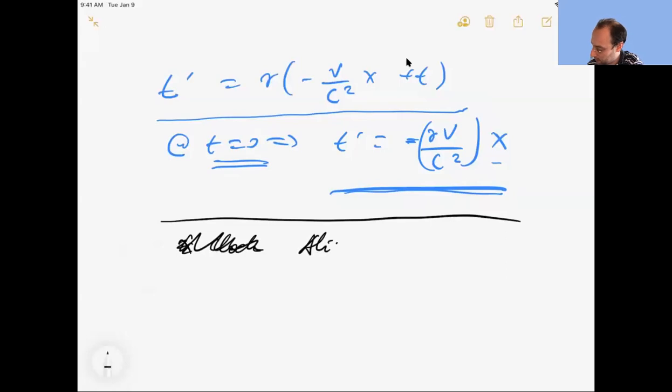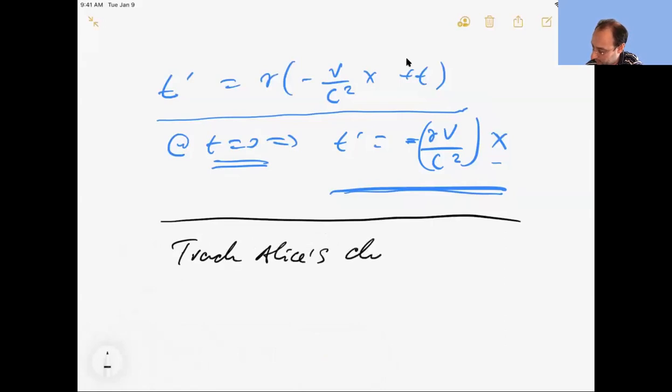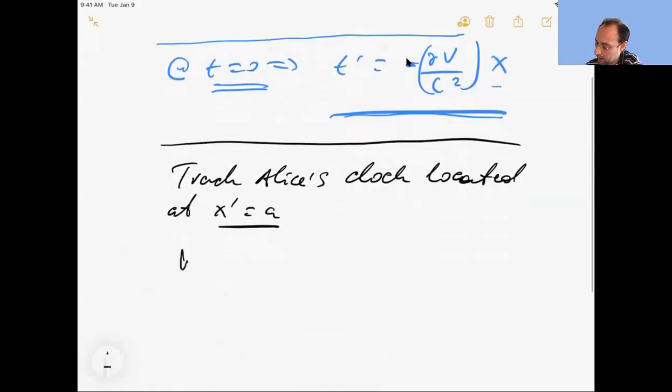Some point in her coordinate frame. So we have T1 equals gamma times (V over C squared times A plus T1 prime).